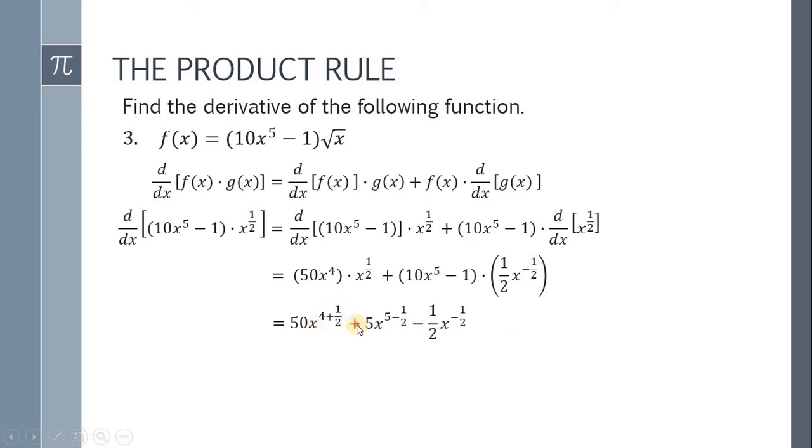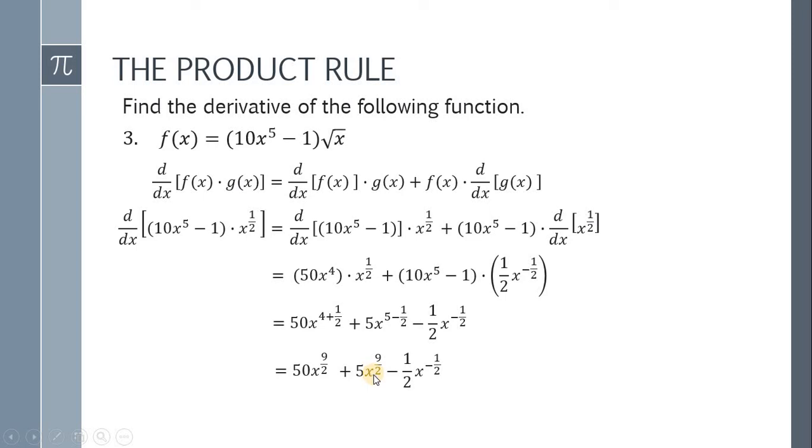4 plus 1/2 is equivalent to 9 over 2, plus 5 minus 1/2 is simply 9 over 2, and then copy lang yung negative 1/2 x raised to negative 1/2. Next, tingnan mabuti na yung x raised to 9 over 2 ay magkamukha, so therefore sila ay similar terms, pwede natin silang i-combine.